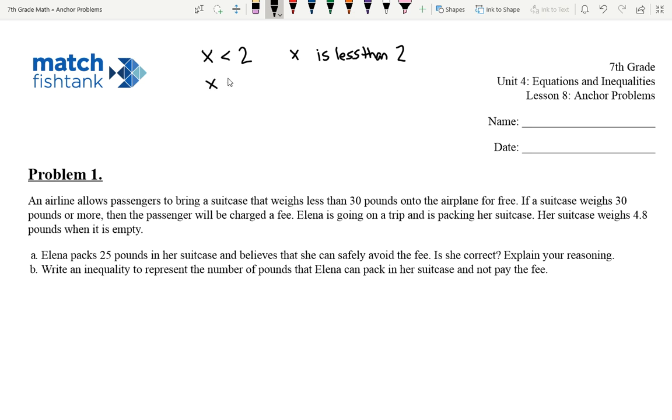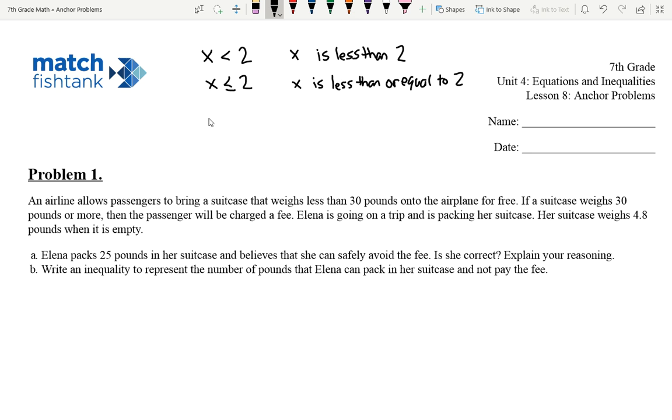If you had x is less than or equal to 2, so 2 would work, as would 1, 0, -1, and so on for x.